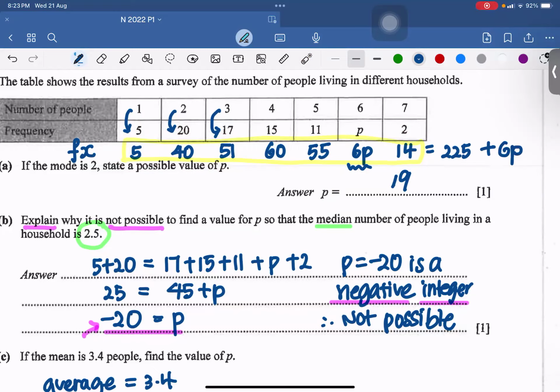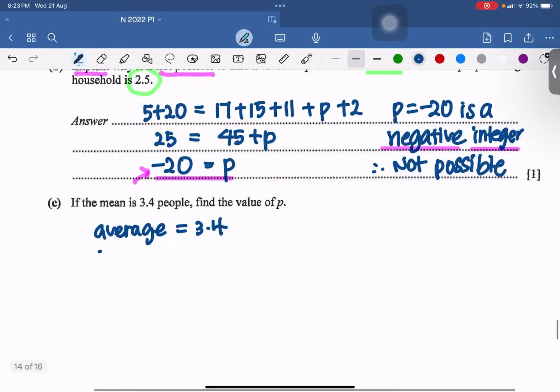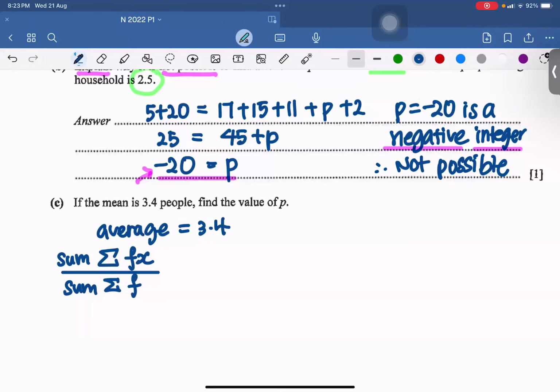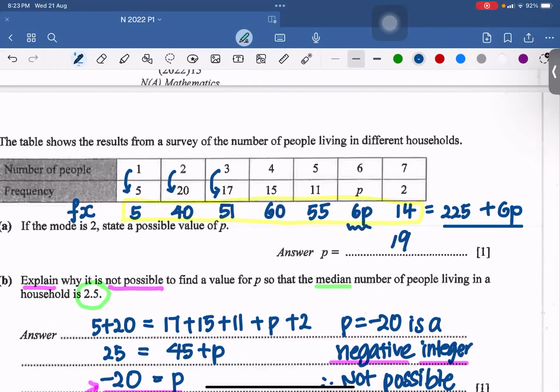So mean, the average, how to find mean? Summation, maybe you haven't remembered this. It means sum of fx over sum of frequency equals 3.4. Sum of fx is this expression over here, 225 plus 6p.